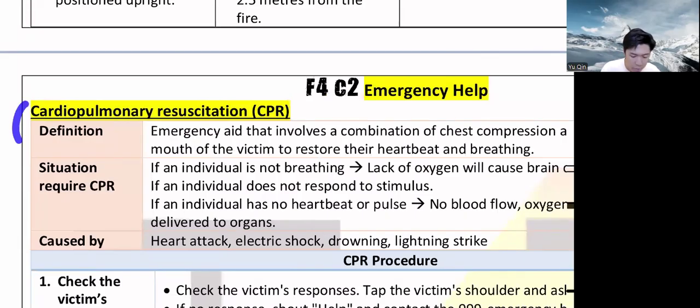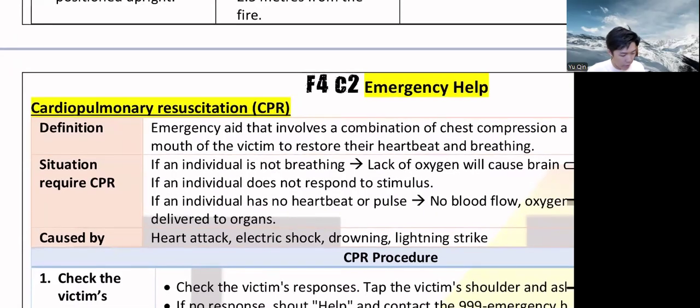So there you go: cardiopulmonary resuscitation. Okay, good.